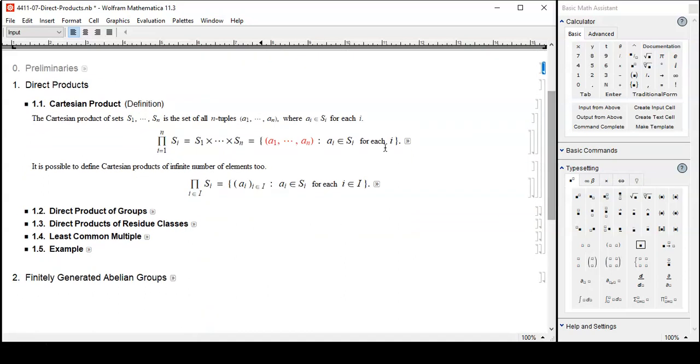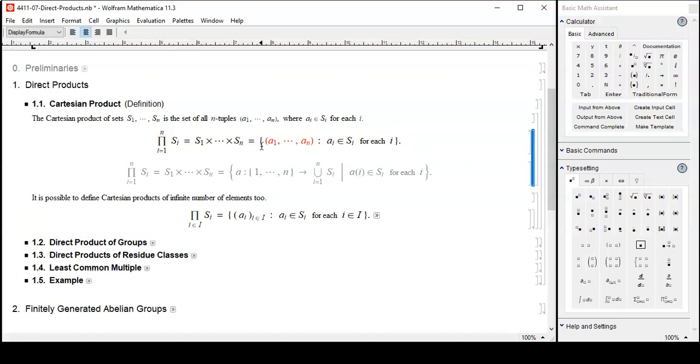Will those help us here? Yes. We're going to define this n-tuple as a function like this. A is a function defined on a subset of integers 1 through n to this union, and the union is always well defined.